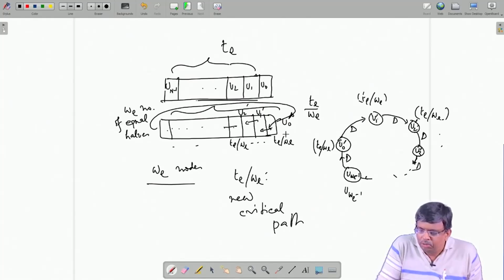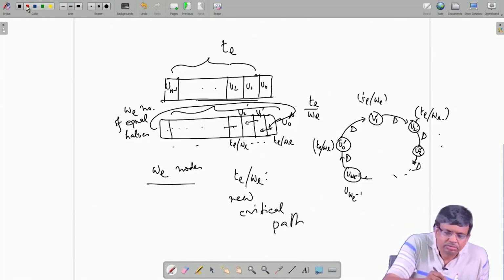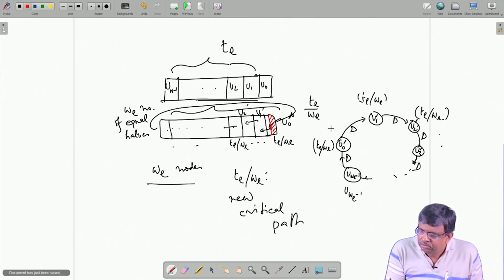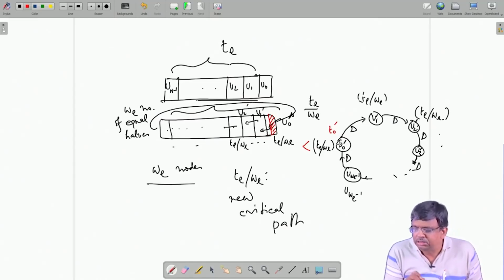Suppose one of the nodes, maybe the first one, instead of making it TL by WL, I make it shorter, that is T0 prime less than this time. Then you can say, look, I have made it less, so why do you have to stick to TL by WL?